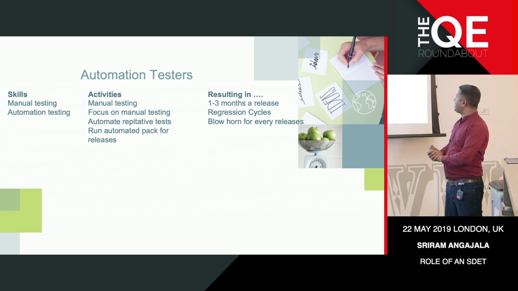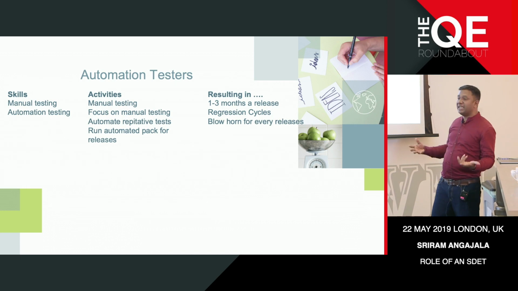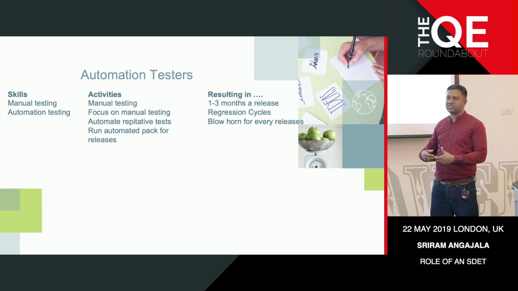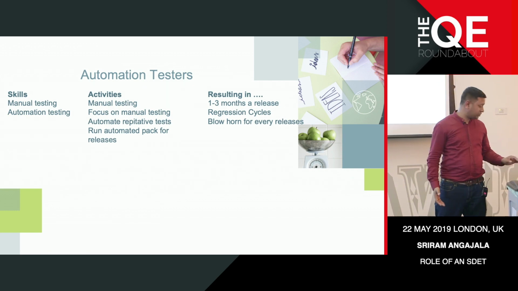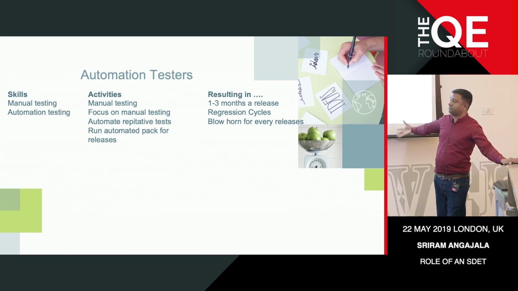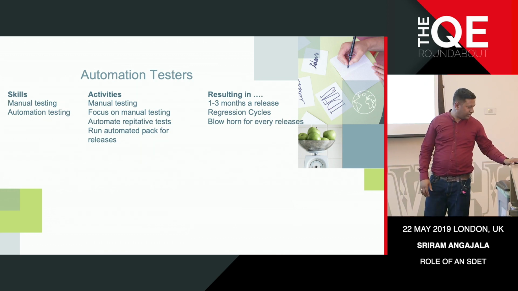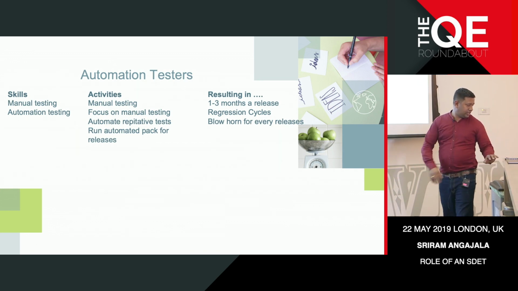But if you go back, there are still a few companies having 1 to 3 month release cycles, and whenever there's a release, it's a big occasion where the developers and testers test for a long time and then release it and feel happy, doing a lot of celebrations. Some companies even have a party, and some blow a horn and say, yeah, we did a release, like an achievement. But that is still history actually.